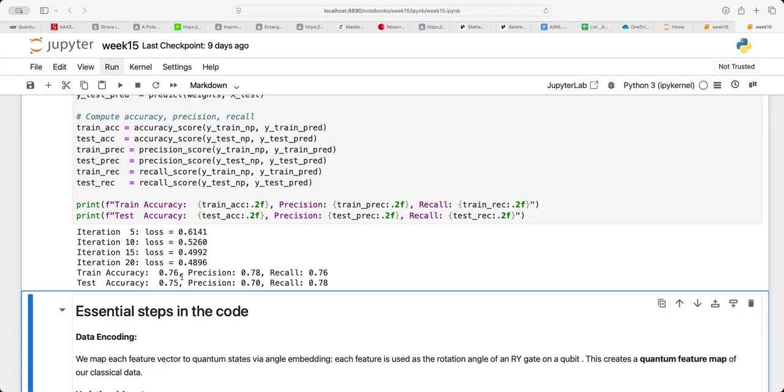Are you familiar with Boltzmann machines? Boltzmann machines are a very popular machine learning method, a deep learning method. They allow us to generate a probability distribution.